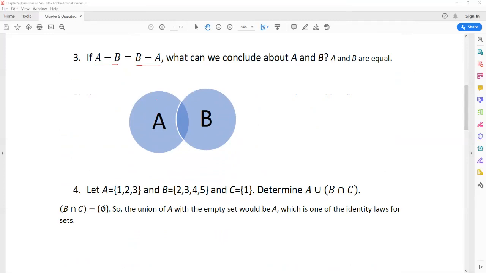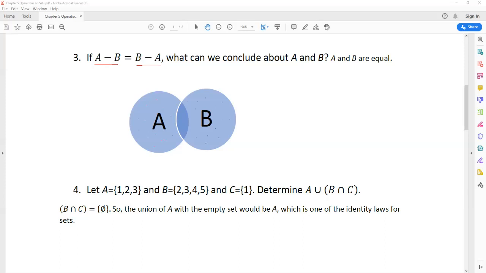A minus B, or A not B, I'm going to let that set be represented by the series of dots in the left crescent of the Venn diagram. All of these red dots are in A, but they're not in B. In other words, they're not in the overlap area.